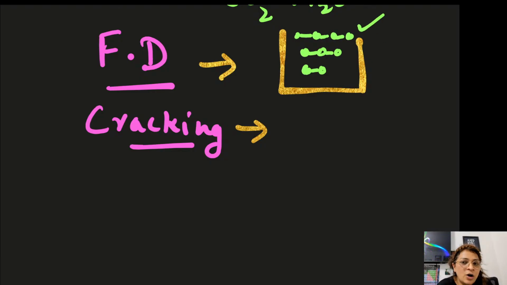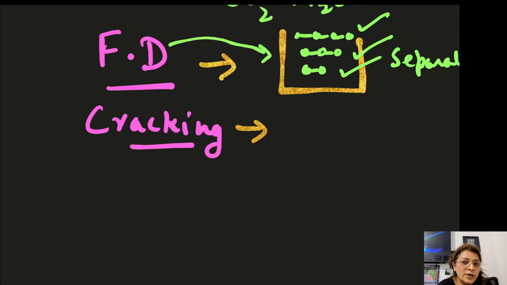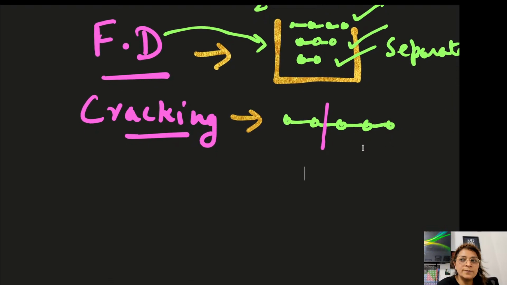So you see how you have different chains of hydrocarbon? Fractional distillation will separate the chains of hydrocarbon. Very good. But cracking, you bring one hydrocarbon chain here, it will break it down like this. You break it down like this, okay, into two small parts.